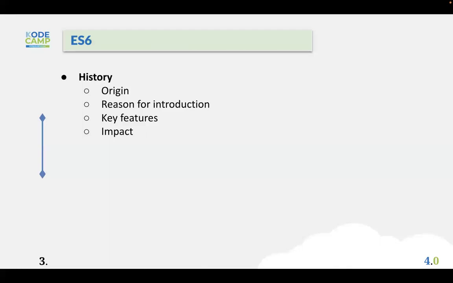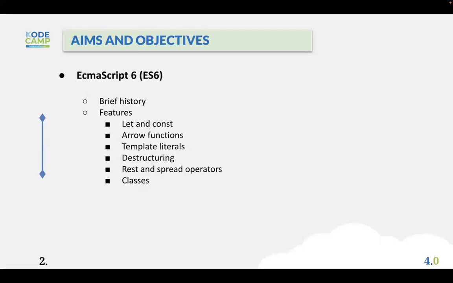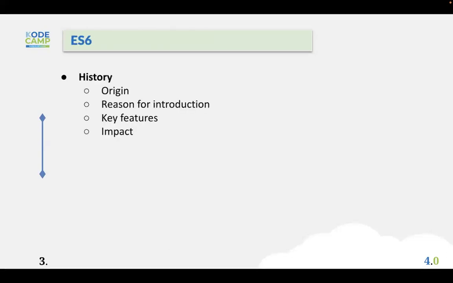So the key features of ES6 are arrow functions, block scoped variables, classes, modules, template literals, destructuring, and so on. But in this class, as I said, we'll look at let and const, arrow functions, template literals, destructuring, rest and spread operators, and classes. The impact ES6 had and is having on the JavaScript ecosystem overall is that the major impact is on JavaScript development.